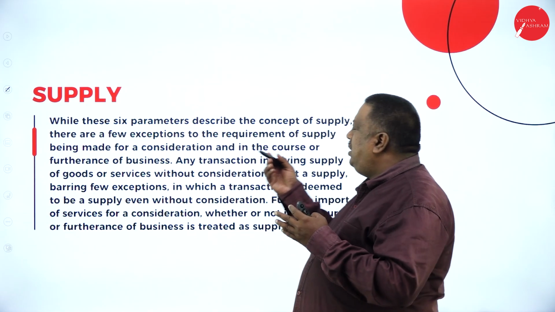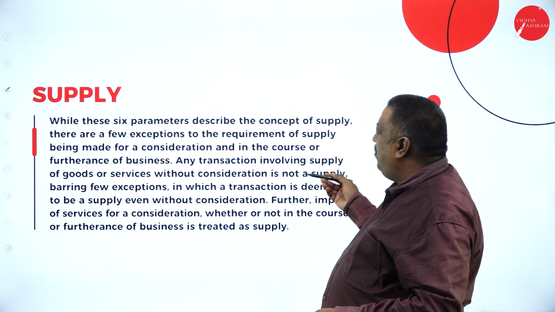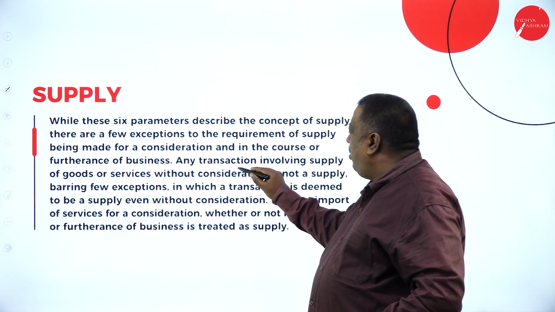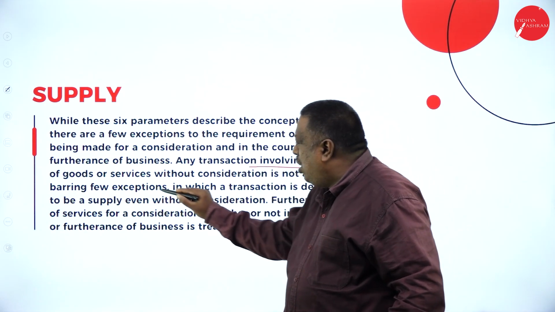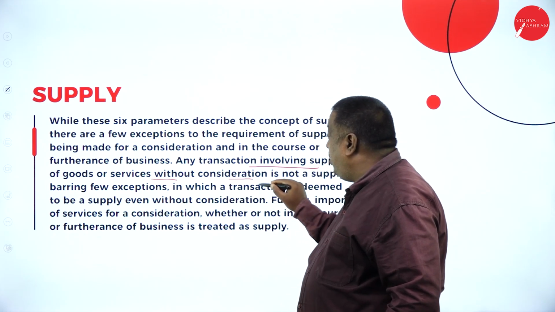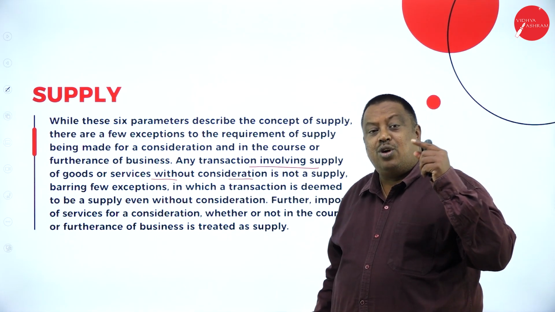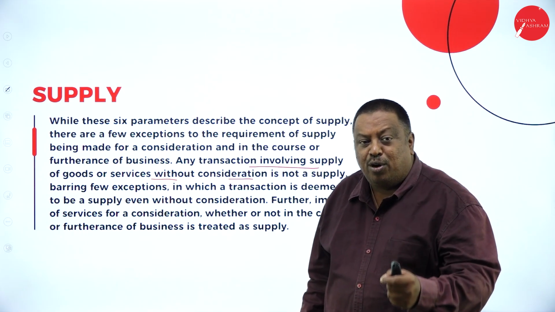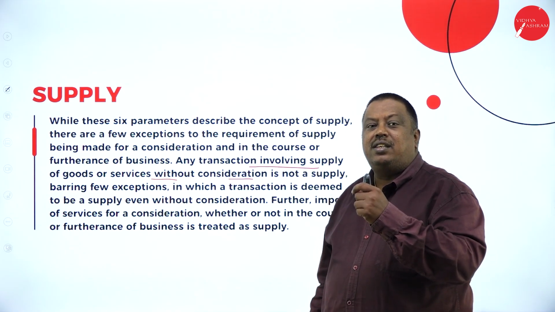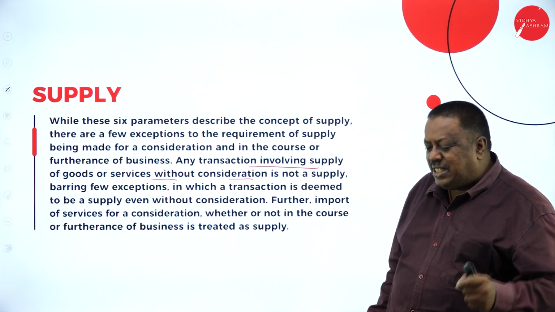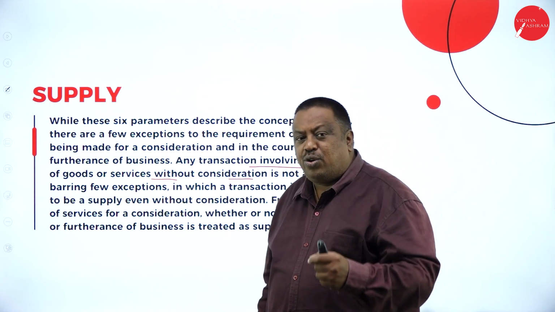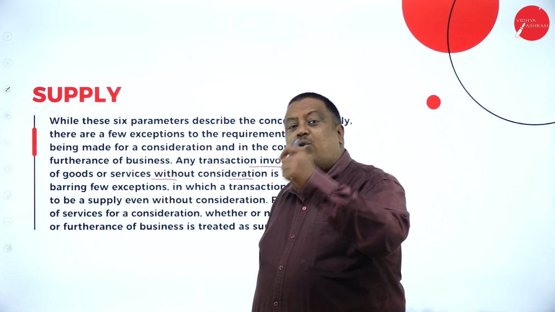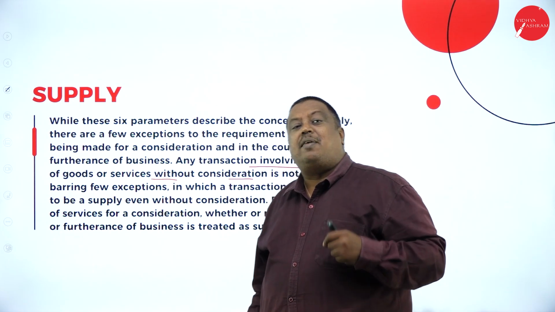So based on those 6 concepts, whatever parameters we have discussed here, any transaction involving supply of goods or service without consideration, that is, if nothing is paid for any goods or services, cannot be considered as a supply of goods. For example, if I go to a restaurant and order a masala dosa, that is called a supply.